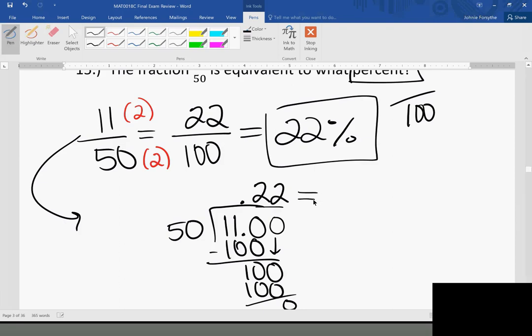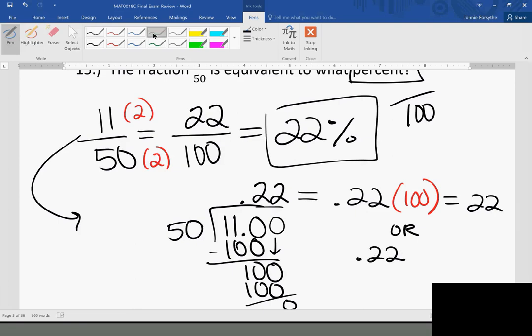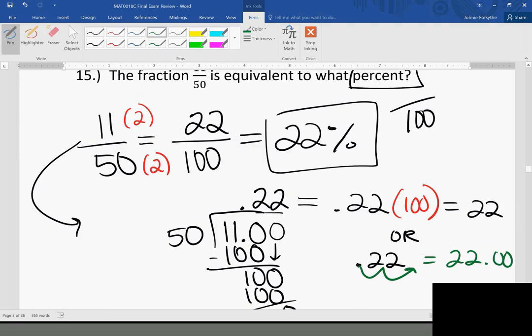If we multiply it by 100, we get 22. Or the shortcut way is to move the decimal 2 places to the right, which would give you 22. So either way, the answer is 22%. I just want to show you the different ways that you could get that answer.